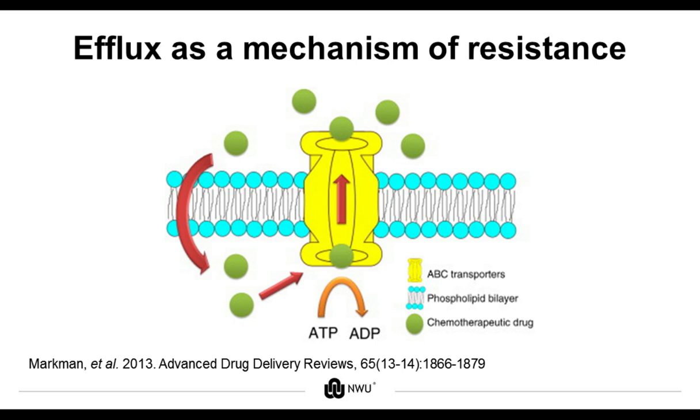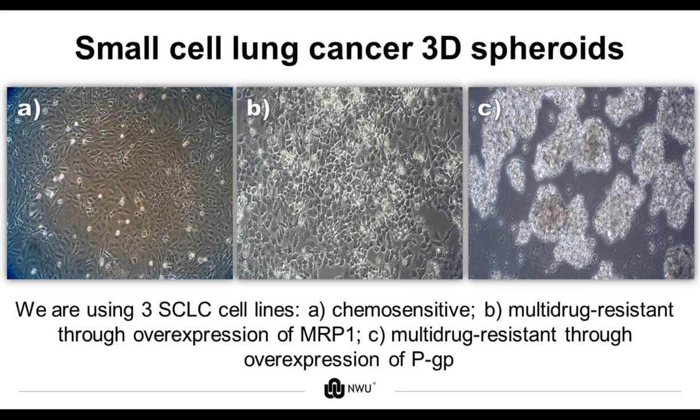One of the mechanisms by which cancer cells acquire drug resistance is the active efflux of chemotherapeutic drugs out of the cell to reduce the drug concentration within the cancer cell. Efflux transporters of the ABC family, including PGP and MRP1, are predominantly overexpressed in various drug-resistant cancers.